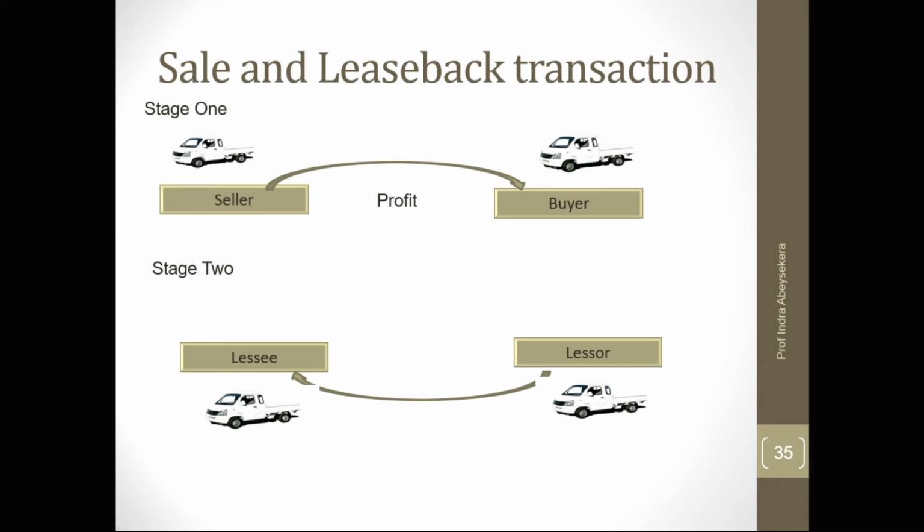So in this situation, the buyer now becomes the lessor and the seller now becomes the lessee. But in the sale of the asset, the seller will make a profit because it's a transaction where the asset has been sold and the buyer has bought the asset.